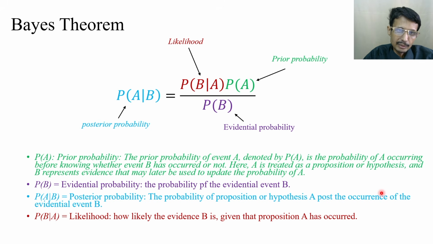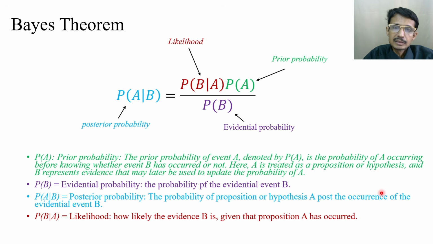Now, let us look at the Bayes theorem in a bit different way. Very simplistically, we say P of A given B is equal to P of B given A times P of A divided by P of B. This has a different meaning mostly in predictions or when used in machine learning.